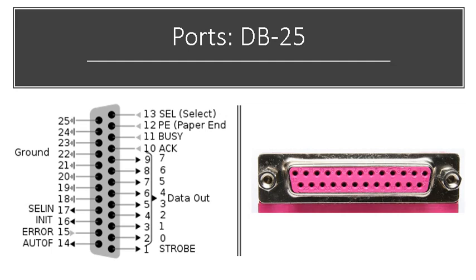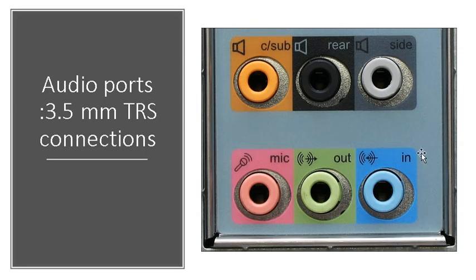And then after that we're going to introduce one of our analog types of ports, which is called the audio port, or 3.5 millimeter TRS connection. They are supposed to be color coded, but not all computers obey this color code.